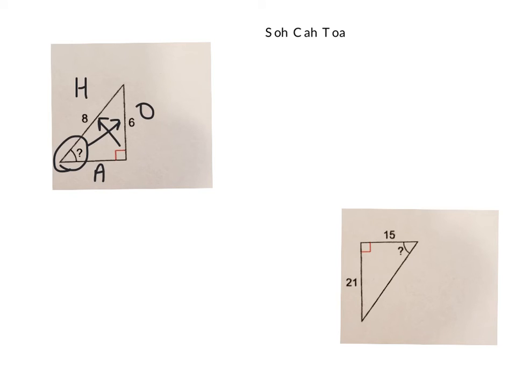So what is the right trig function, the correct one to use in this problem? We have a hypotenuse of 8, and we have an opposite of 6. So hypotenuse and opposite is going to tell us to use sine. This time I'm not going to write out the equation. I'm going to just start it like this. We're going to do inverse sine of O over H, so 6 over 8.